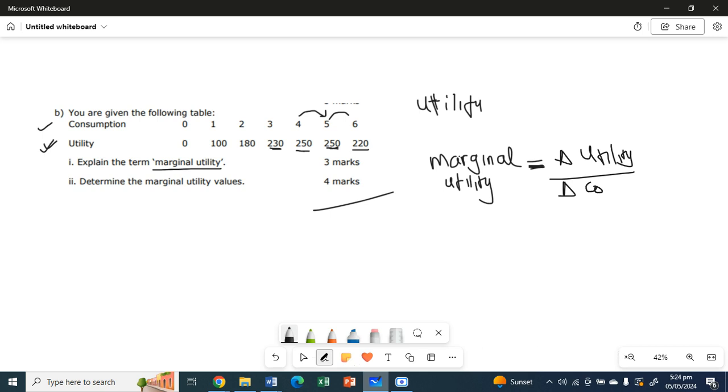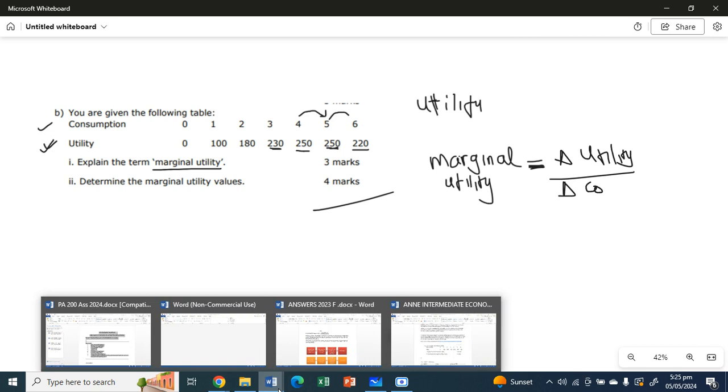Let me use Microsoft Word because this board is misbehaving.